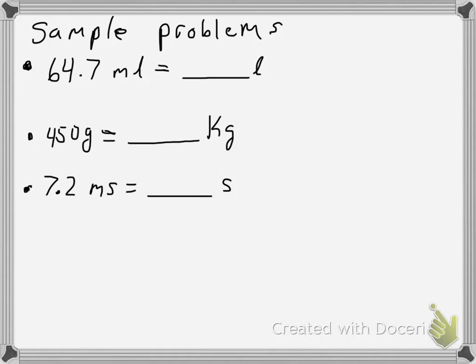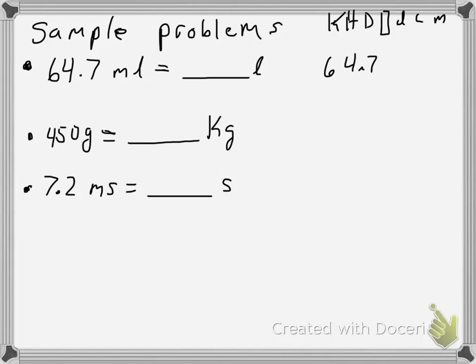Now we'll try a couple of sample problems. 64.7 milliliters equals how many liters? And again, we have our King Henry died. There's our units, drinking chocolate milk. And in this problem, we're going to have 647. And I know that our decimal point is right here.